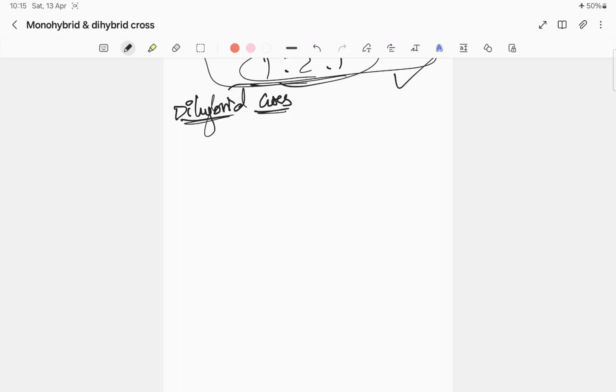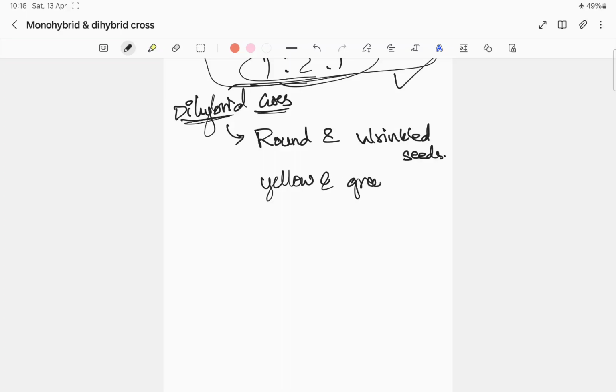If you take any two characters into consideration, it will be called a dihybrid cross. Now we can say round and wrinkled seeds we have taken in one set, and in another set yellow and green seeds we have taken, right?